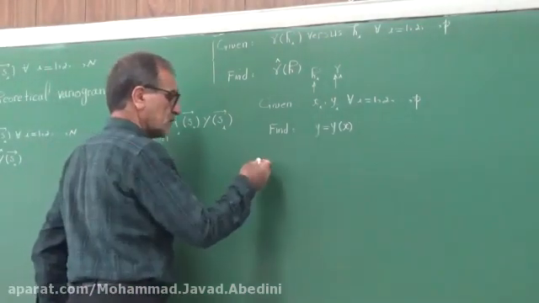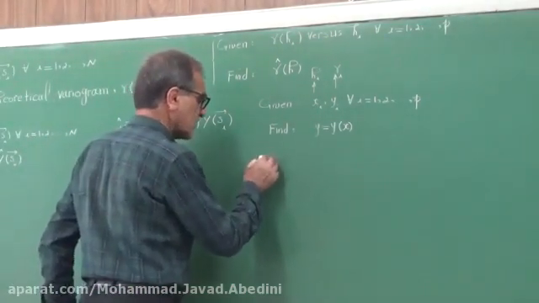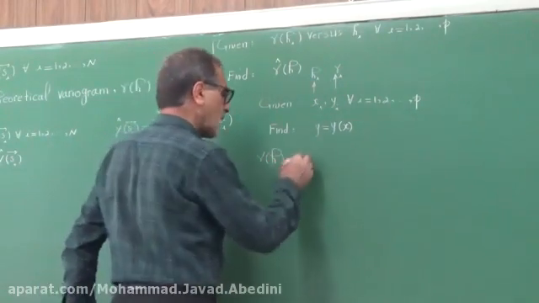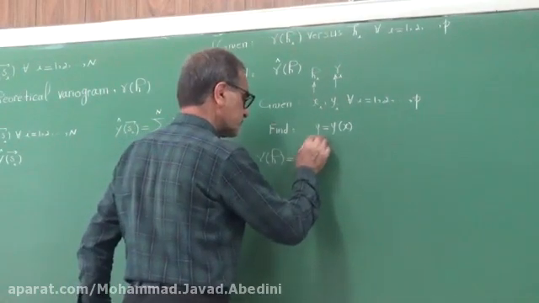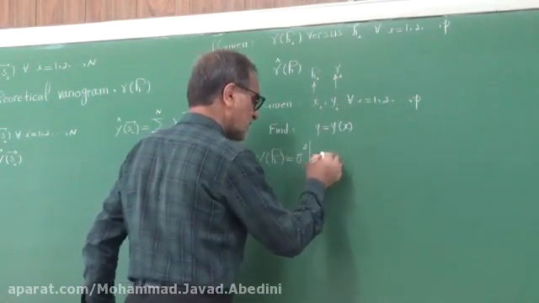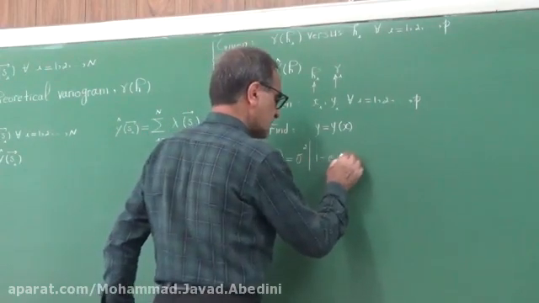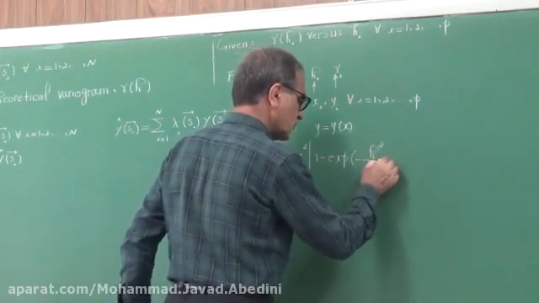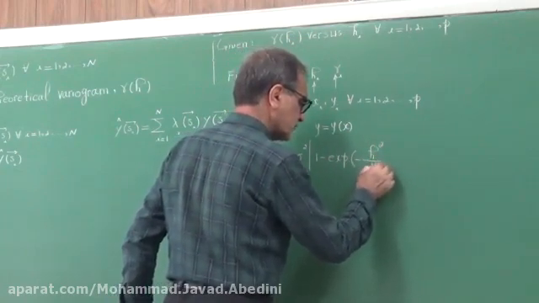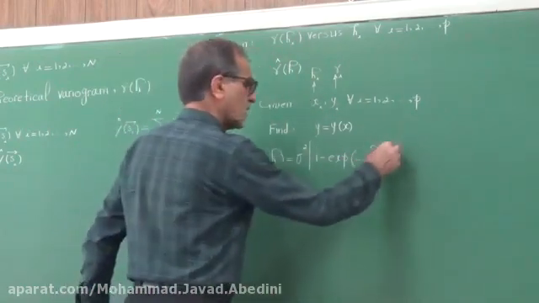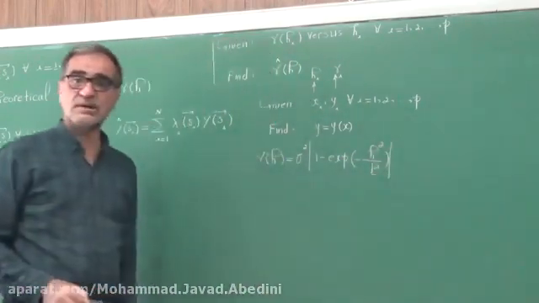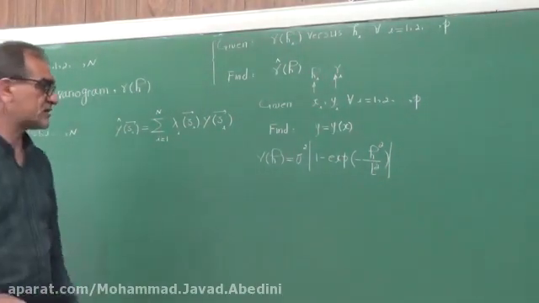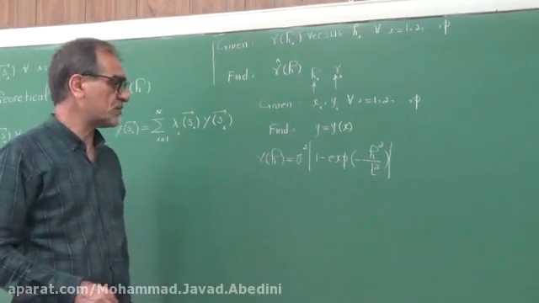The very first page is the Gaussian variogram model, and the Gaussian variogram model is given by sigma squared times 1 minus exponent of minus h to the power of 2 divided by L squared. Sigma squared, 1 minus exponent minus h to the power of 2 divided by L squared.